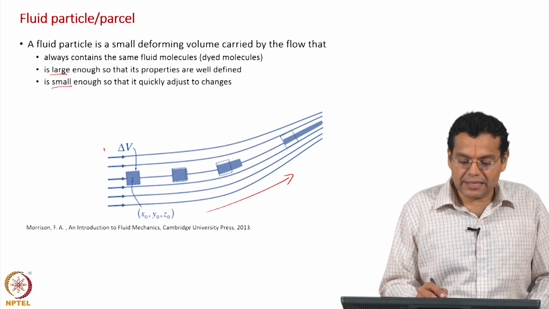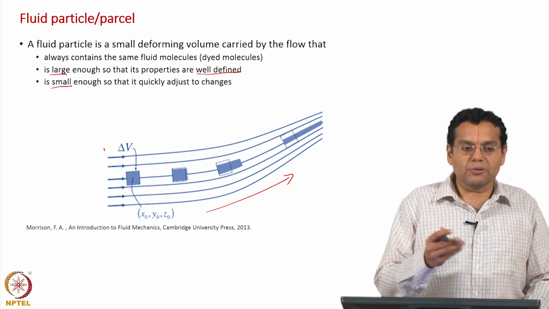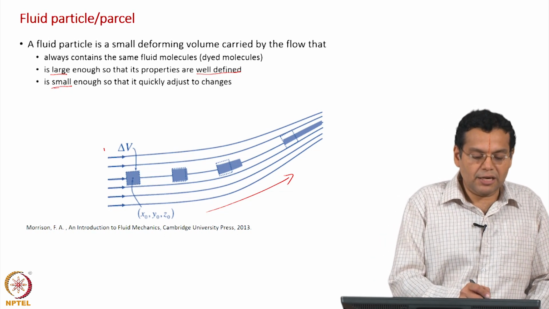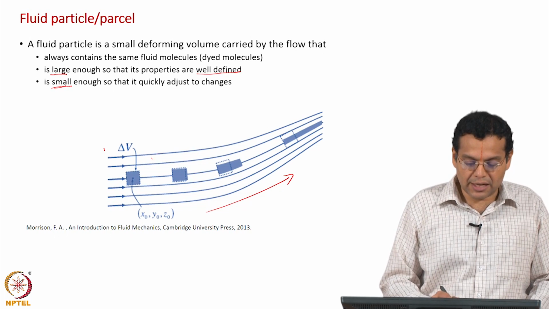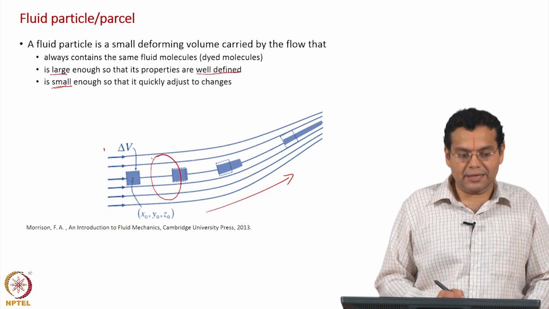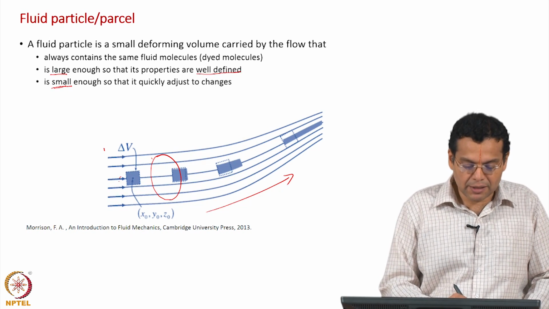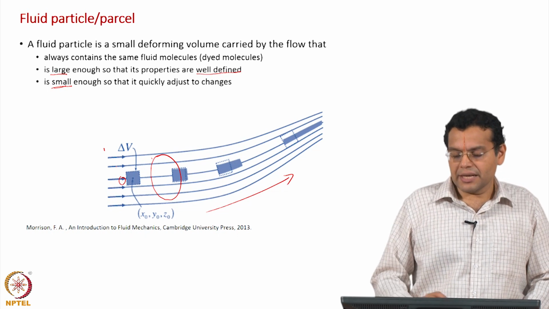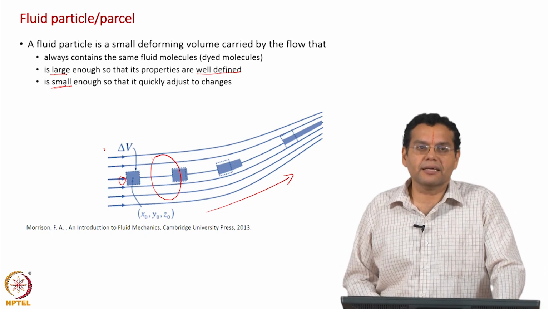When I say well defined, it means enough number of molecules, in our case more than 10 to the power 6 molecules, and small enough so that you do not consider a particle so large that you lose the spatial variation. You consider a small fluid particle so that you can account for the variation in the flow direction or any other direction.